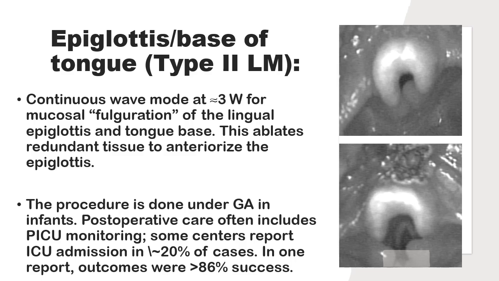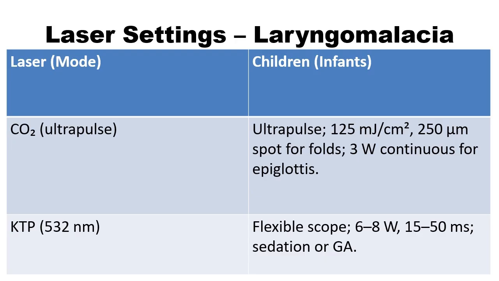And to sum up the laser settings for the management of laryngomalacia, when carbon dioxide laser is used, preferably in the ultra pulse mode with low power and a very fine spot, and only about 3 watts for continuous mode in the epiglottis for ablating the tip of the epiglottis and epithelializing the lingual surface of the epiglottis.